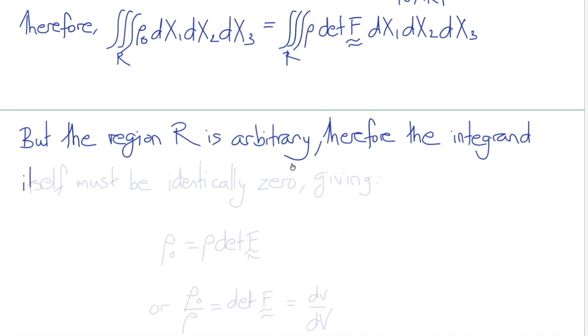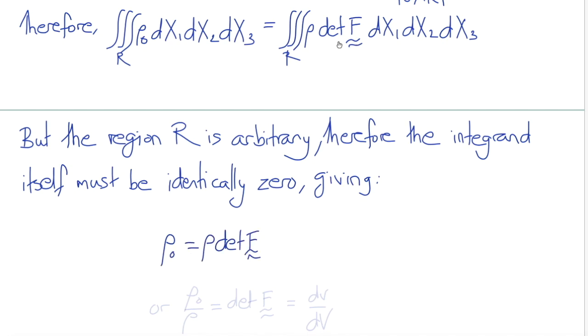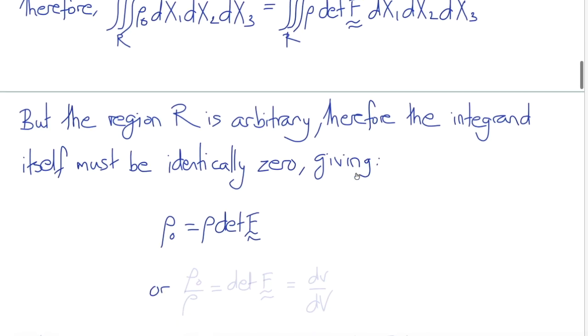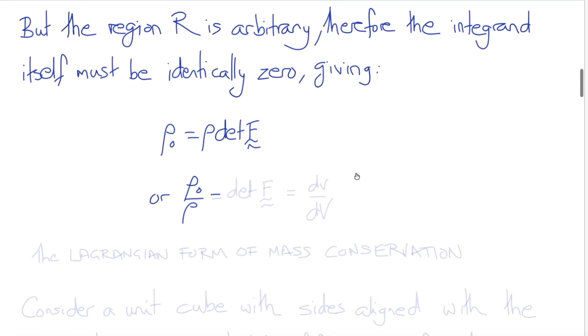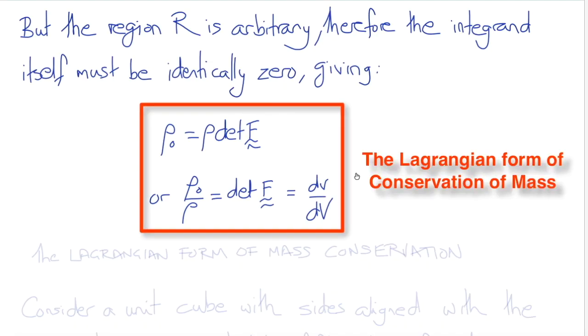Therefore, the integrand itself must identically be satisfied, or the difference must be identically zero, which would therefore give us that rho naught must equal rho times the determinant of F. So that's our conservation of mass in the Lagrangian form, which we could also write as rho naught over rho, the undeformed density over the deformed density, equals the determinant of F, which is therefore equal to the deformed volume over the undeformed volume. So this is the Lagrangian form of mass conservation for a continuum.